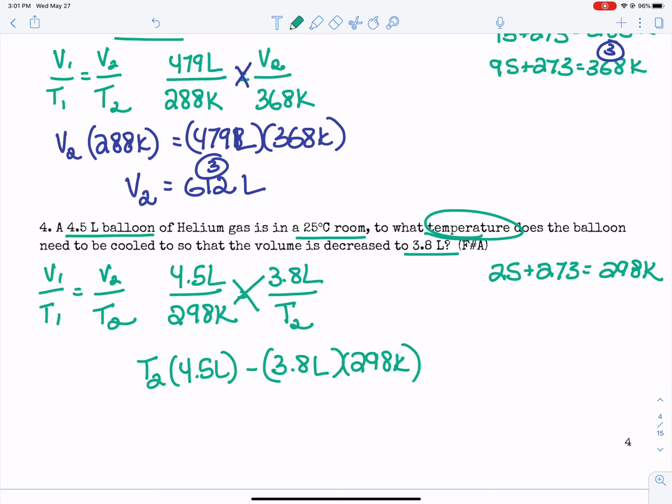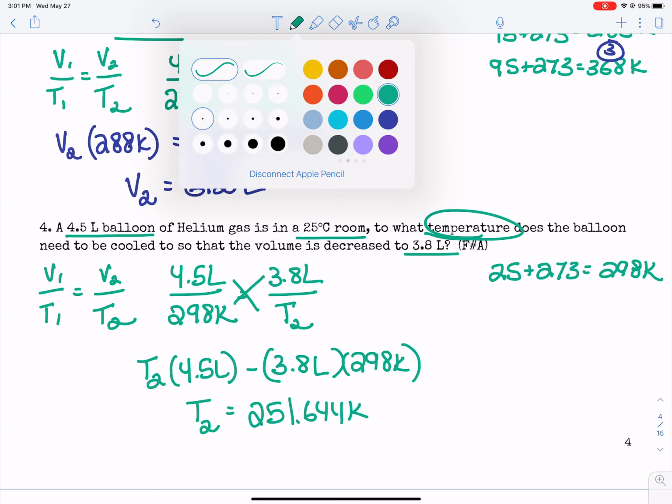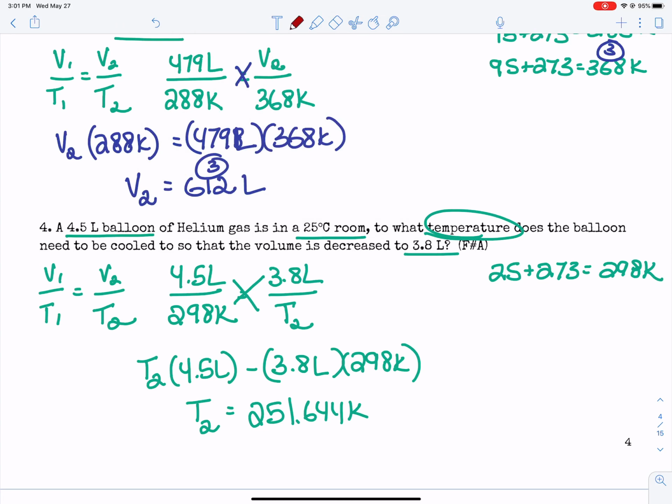You don't need to solve this problem the exact same way that I'm doing it with cross multiplication. No matter what you do, you should be able to get the same answer that I did, which is 251.644 Kelvin. And then again, go look at significant figures, right?